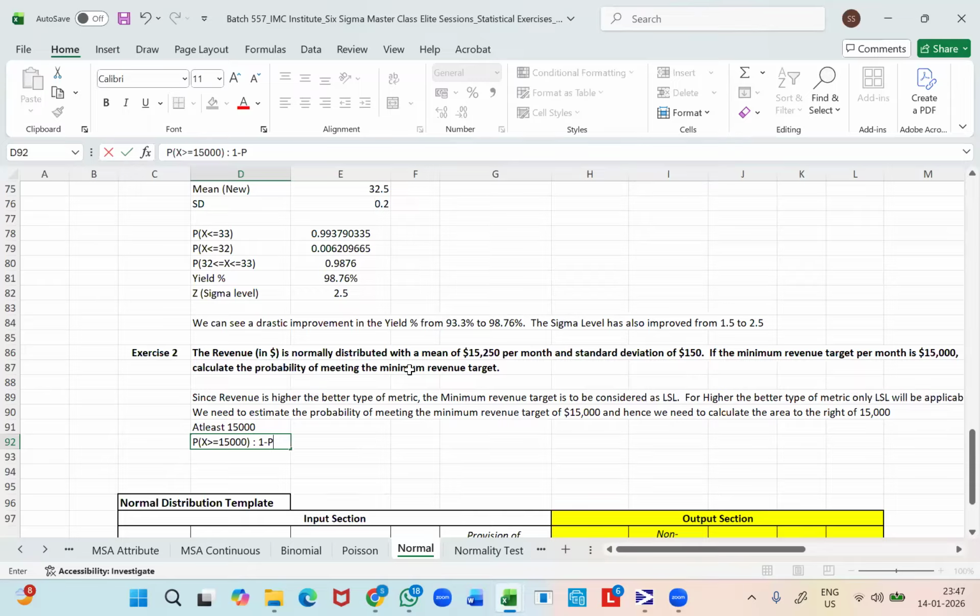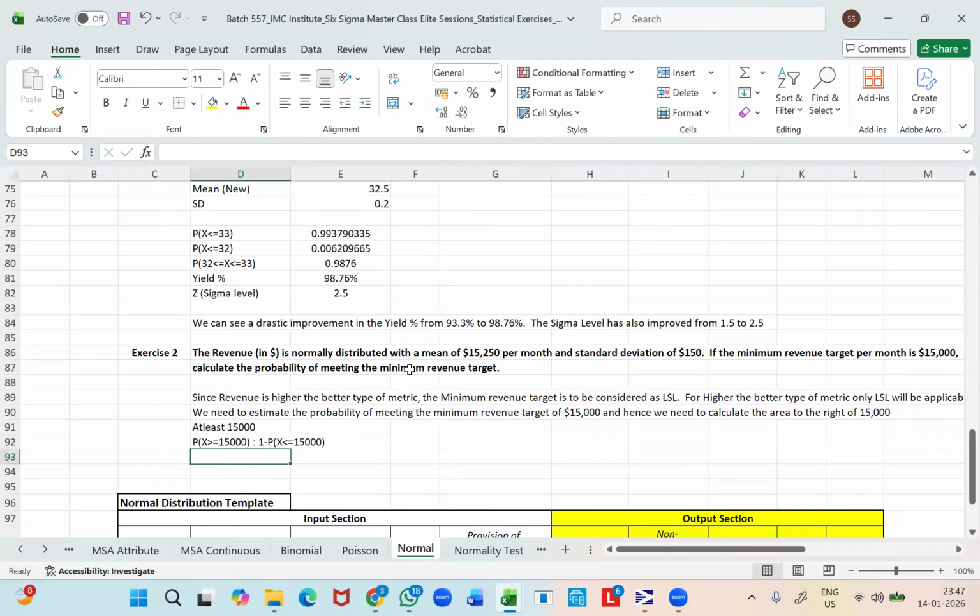But here we are talking about continuous data, which can also take decimal values. Between 14,999 and 15,000, we can have a lot of decimal values, right? So P of X greater than or equal to 15,000 will be rewritten as 1 minus P of X less than or equal to 15,000, because we are dealing with continuous data.